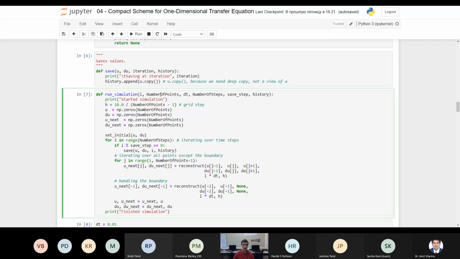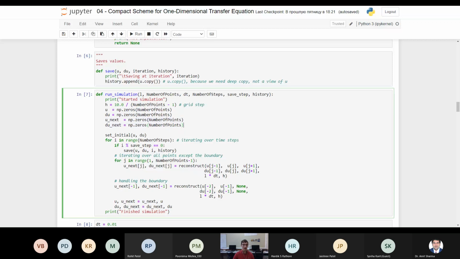So we get the number of points in the mesh as a parameter. Knowing the number of points, we can calculate the size of the grid step. Then we can initialize with zeros our function at the current time step, both function and derivative, and on the next time step.